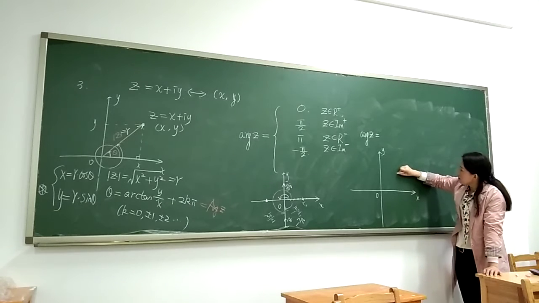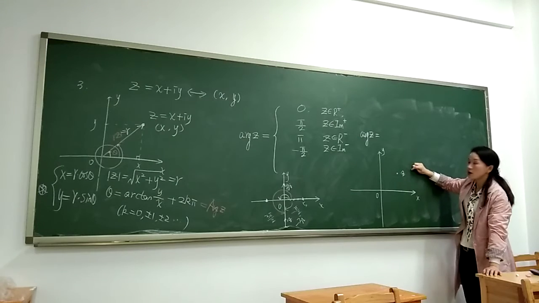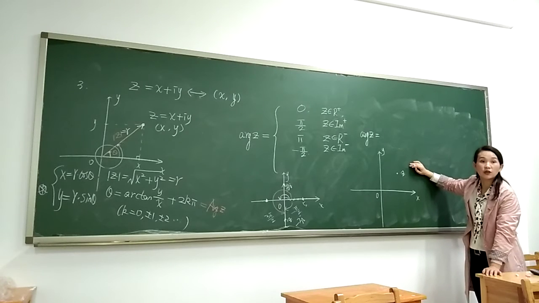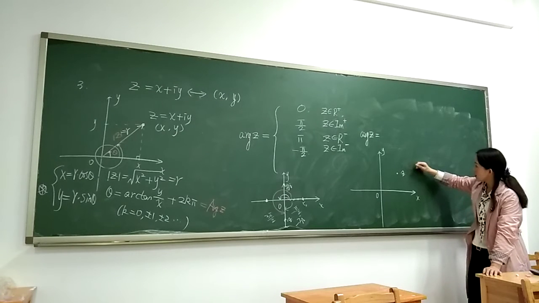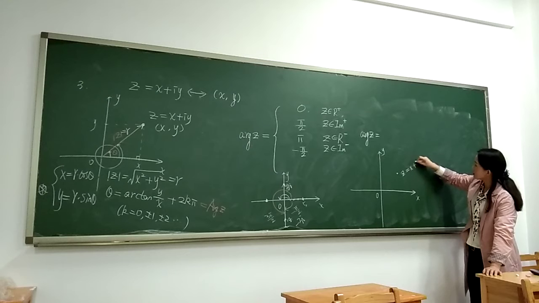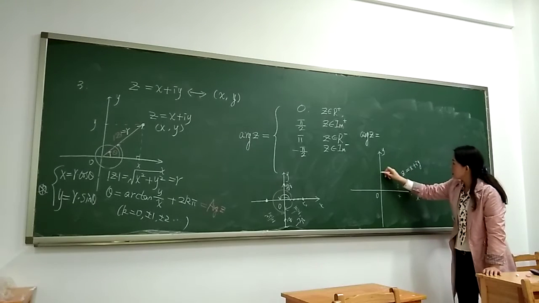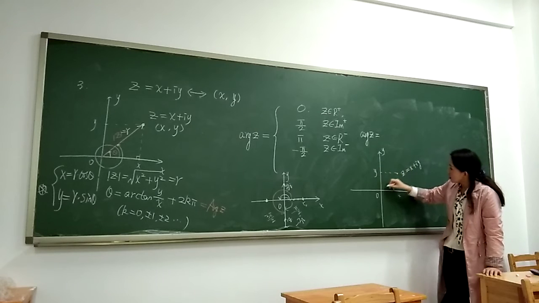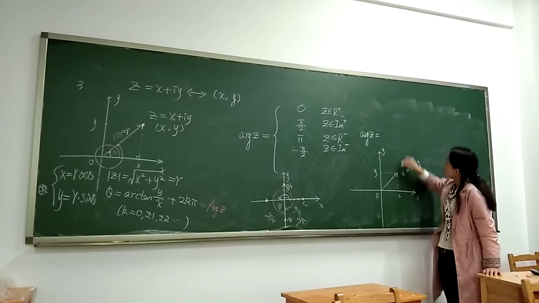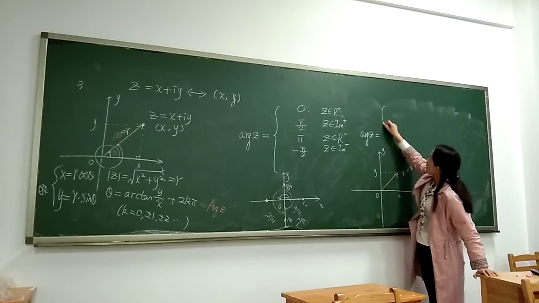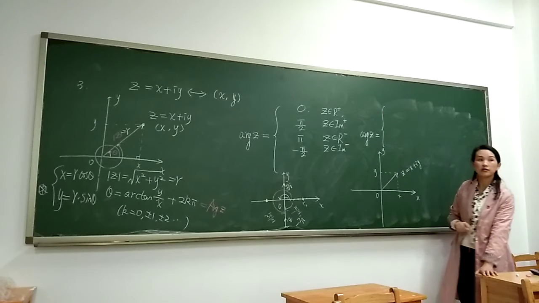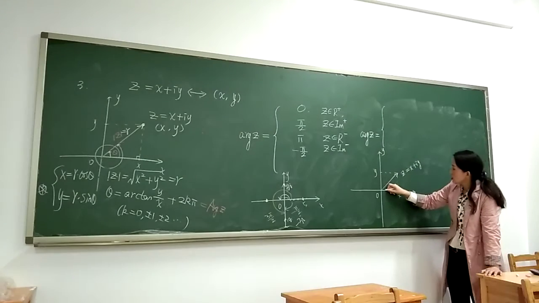If z is in the first quadrant, if z is here, we know z equals x plus iy. Here is x, here is y. So if we want to obtain the principal argument of z, we know it is this theta.